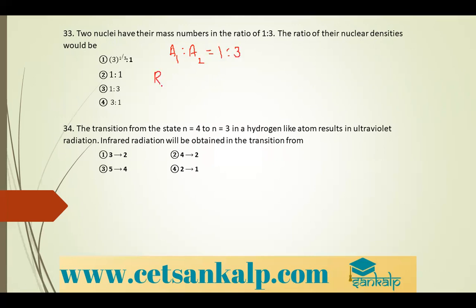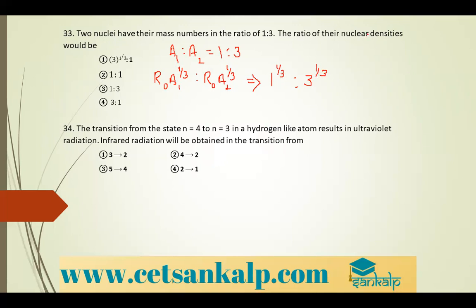So R naught A1 to the power 1/3 and R naught A2 to the power 1/3. This can be written as 1 to the power 1/3 is to 3 to the power 1/3.